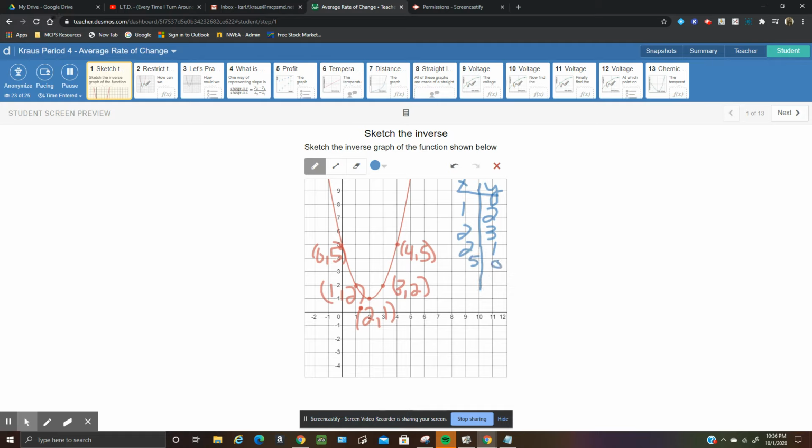And 5, 4. 1, 2, 3, 4 in here. All right, then I want to draw a parabola shape through there. All right, there's the inverse in blue there.